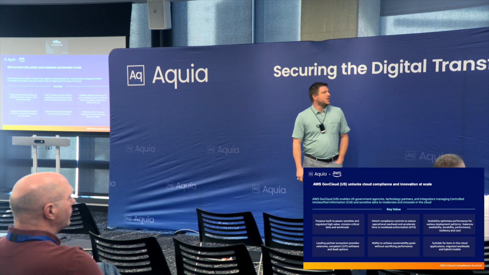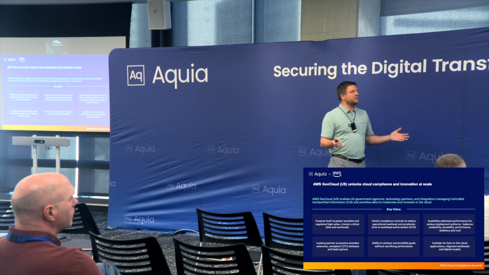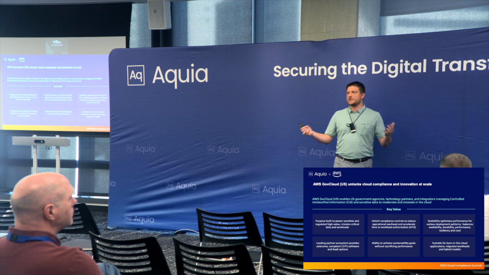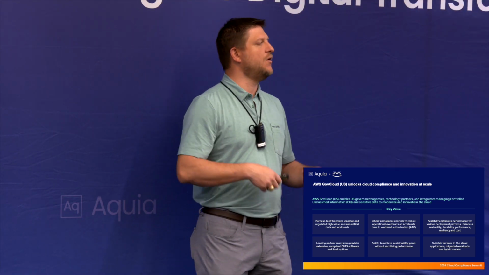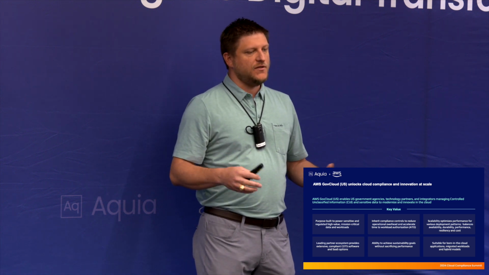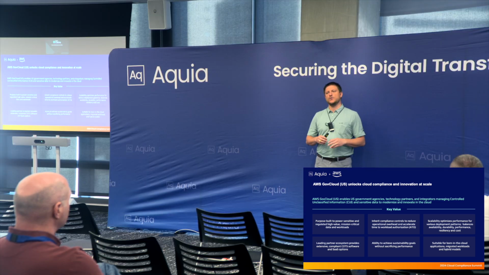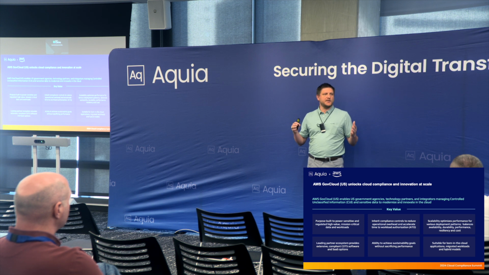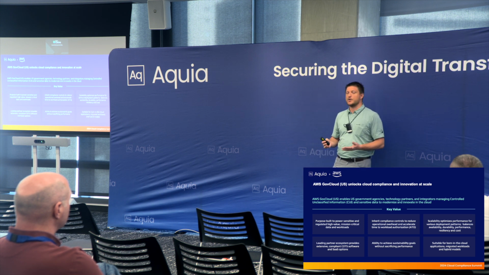All right, so what are some of the key values around GovCloud? Well, it unlocks security and compliance because we take our services through FedRAMP High or DoD Impact Level 4 and 5. We offer the tools that you need in order to meet security, compliance, FIPS, those kinds of things. AWS is known as a builder. We enable the builders to build the tools on top of our platform.